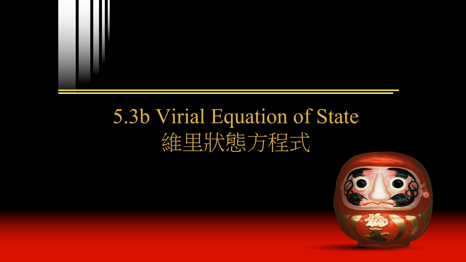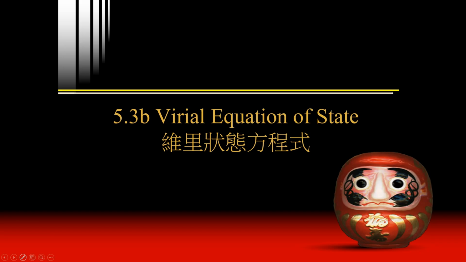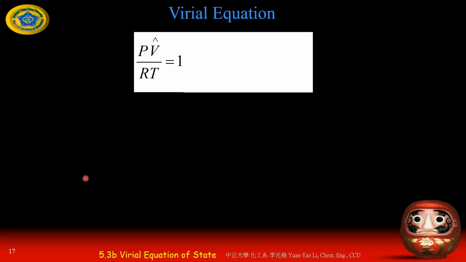But before we really go into this topic, let's refresh ourselves. So now, let's use mathematics to represent the non-ideal gas equation of state. The first equation I want to introduce to you is the virial equation of state.